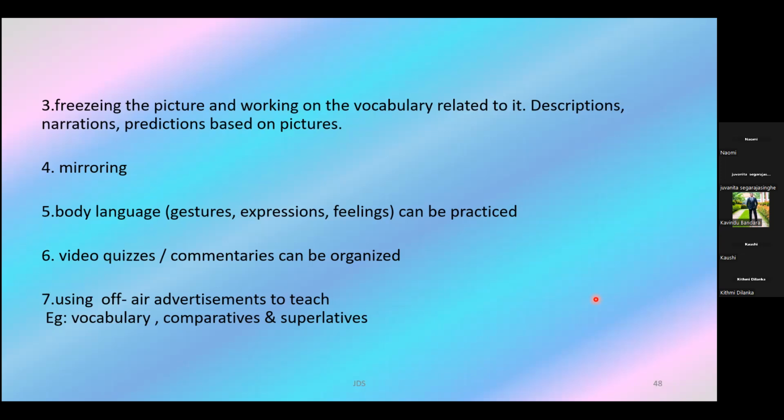Mirroring means you speak what you see. Now, if you look at your image in a mirror, you see it just as you appear to be. Similarly, whatever is seen in that video has to be reported, without making any amendments. You just repeat or describe what is found in that particular visual.